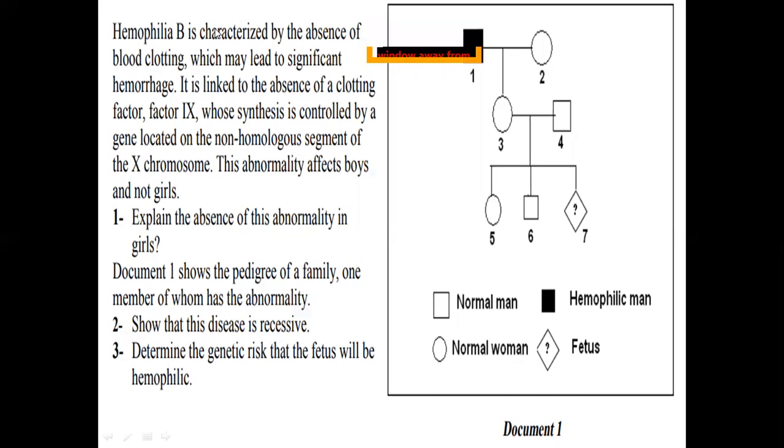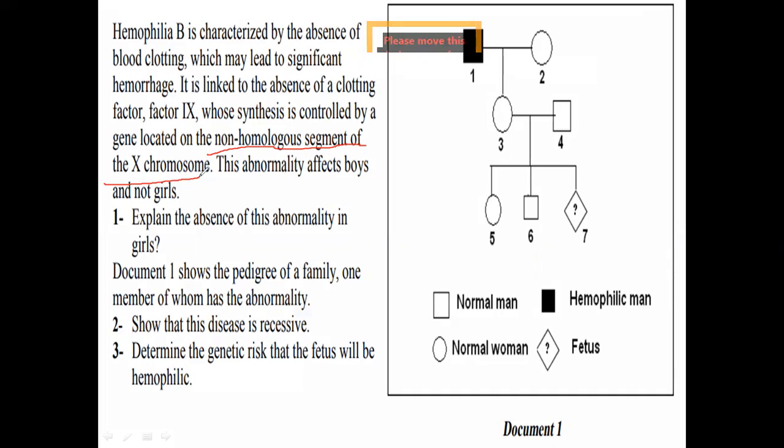The allele is found in the non-homologous segment of the X chromosome, so no need to justify it unless they ask for it.